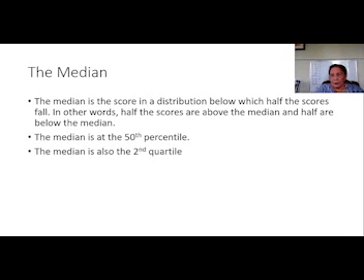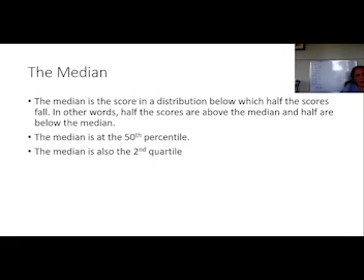So P sub 50. P sub 50. The median is also equivalent to the second quartile. So the median is equal to the 50th percentile and equal to the second quartile.